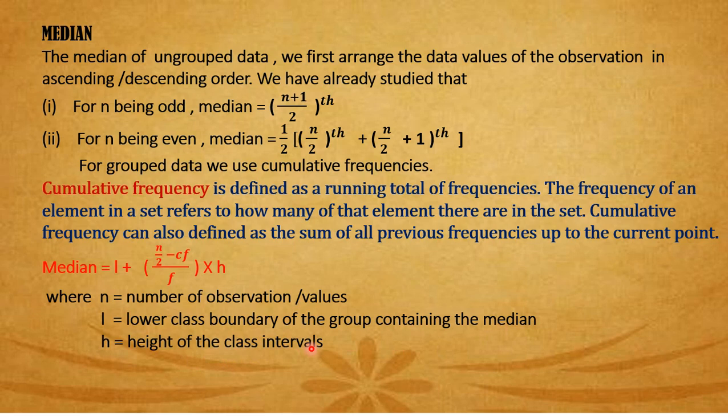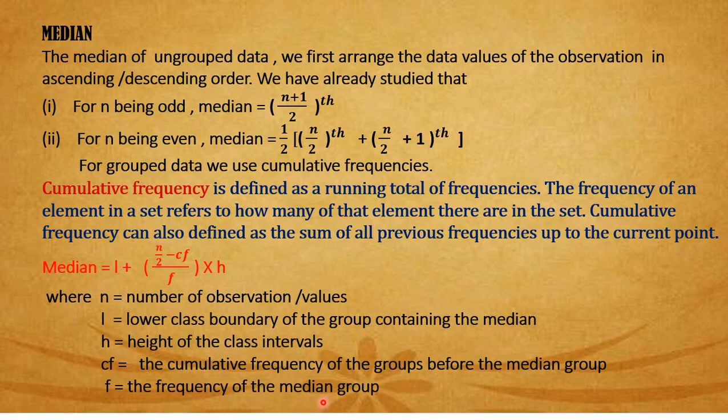As we know, upper limit minus lower limit is the height or size of the class. Cf is the cumulative frequency of the classes before the median class. F is the frequency of the median class.